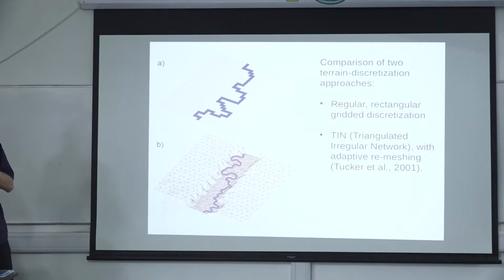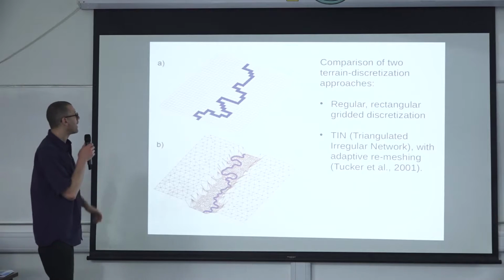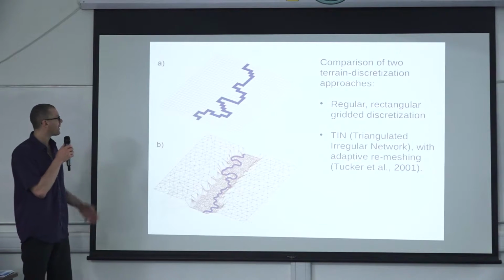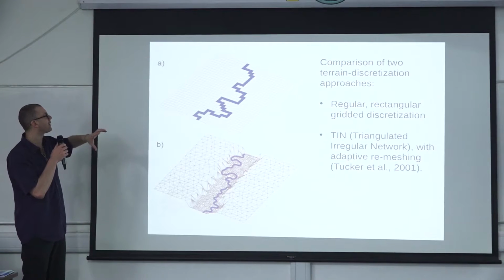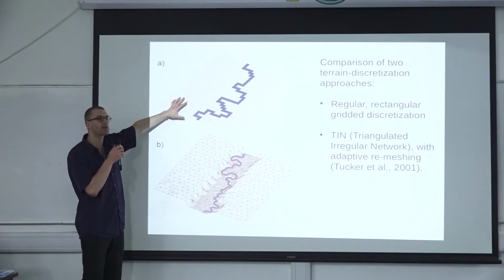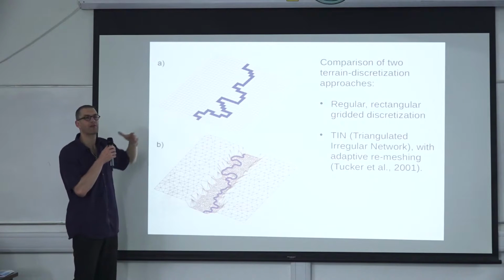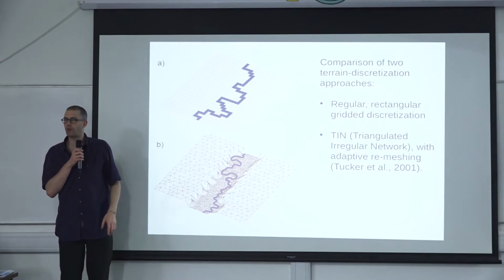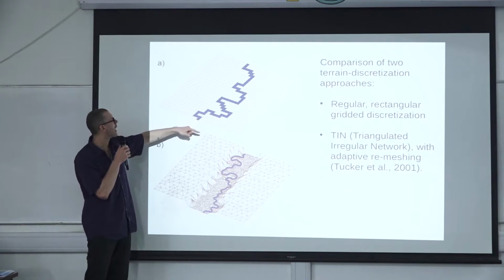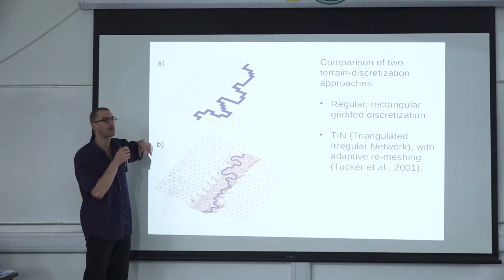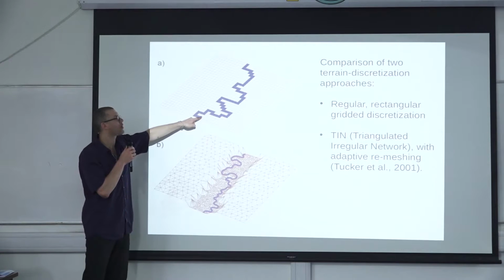Okay, so how do models work? I'm giving some general introduction, and then we dive into some examples. The two core differences that exist is you can have a gridded model where you essentially have a raster, like the digital elevation model we had yesterday, and then you perform some numerical calculation, diffusion, for example, or incision on each of the grid cells.